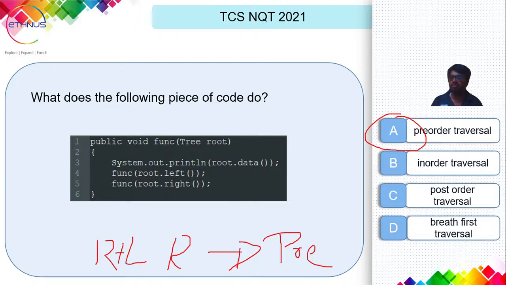With that, let us move to the next question. What will be the output of the following C code? There's a simple C code over here. What will be the output of this? I'll give you around 30 seconds for this.